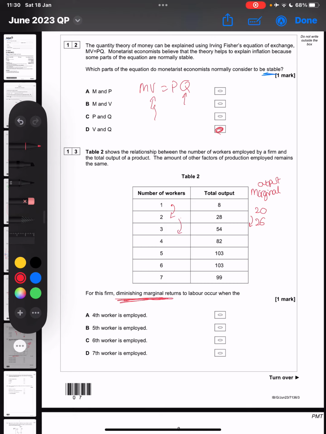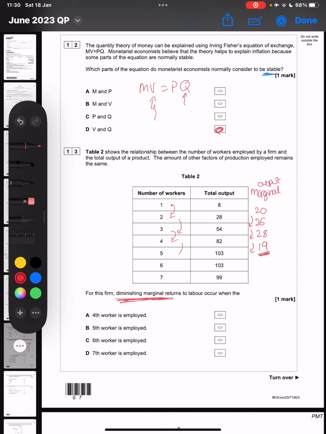Still increasing marginal product. What if we go from 3 to 4 workers? 82 minus 54. This is 28, still increasing. 4 to 5 workers. That could be it. Yeah, this is it. So from here to here, we have 19 marginal output.